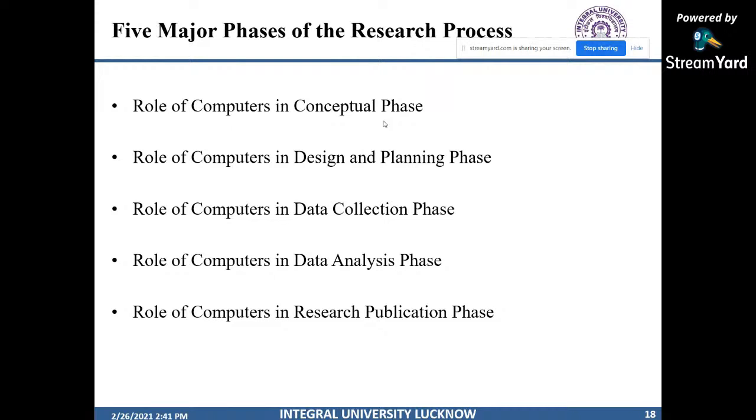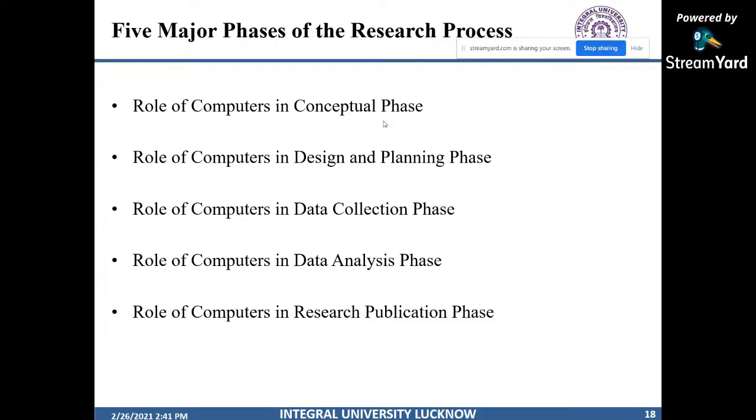The design and planning phase also consists of population, research variables, sampling plan, reviewing the research plan, and pilot study. Computers also play an important role in sample size calculations, as several software packages are available to calculate the sample size required for a proposed study.